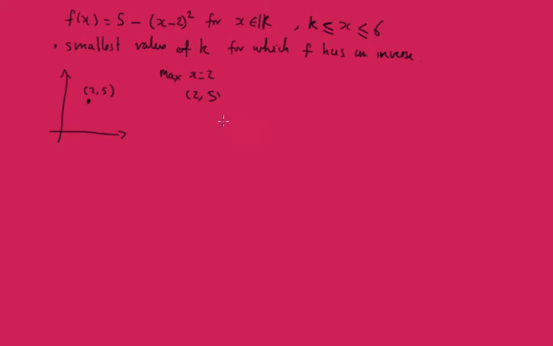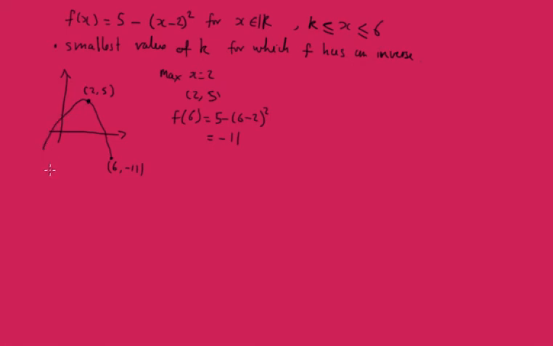And we want to find out f of 6, which will be 5 minus (6 minus 2) squared, which is going to be minus 11, so down here somewhere, (6, minus 11). And this is quadratic, so it's going to go up and down.